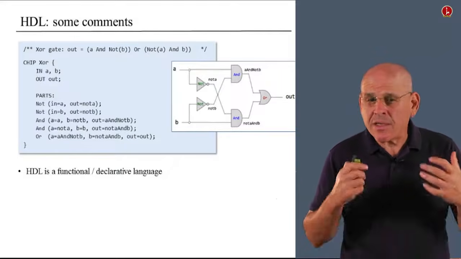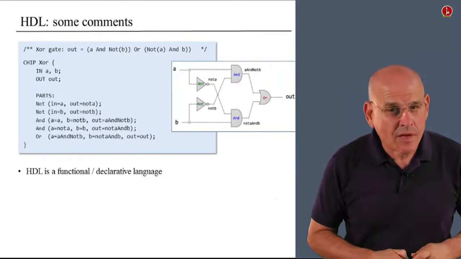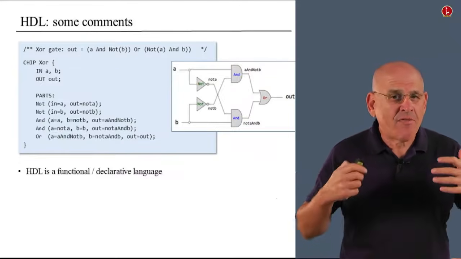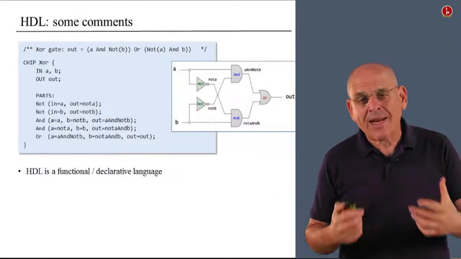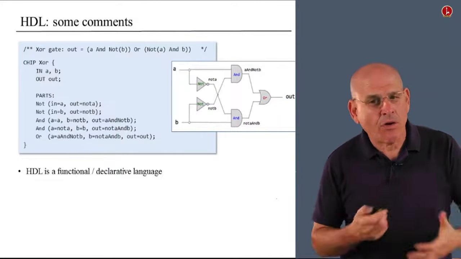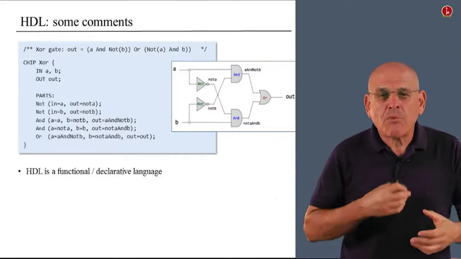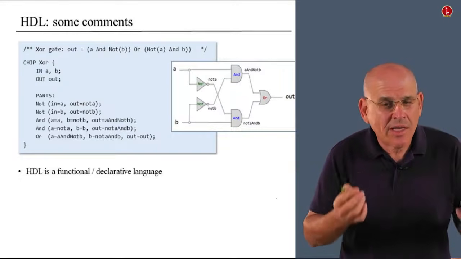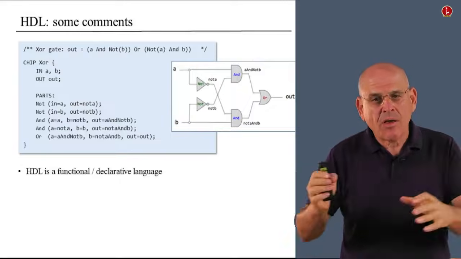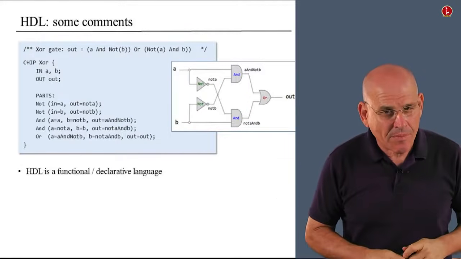In addition, there are certain things which are really unique to HDL. First of all, HDL is a functional or declarative language. There's no procedure going on. There's no program execution going on. It is nothing more than a static description of the gate diagram.